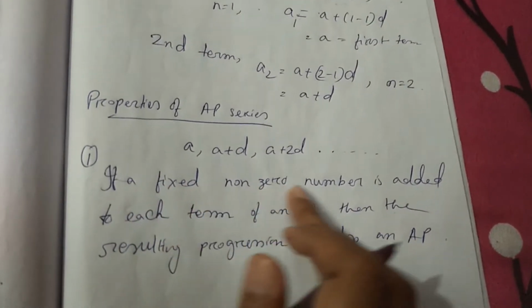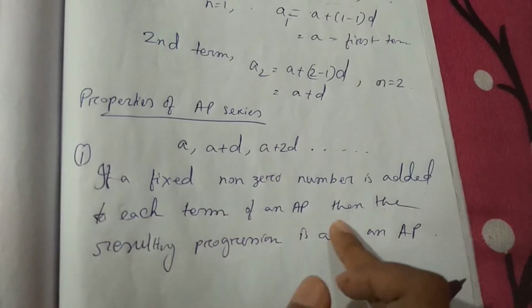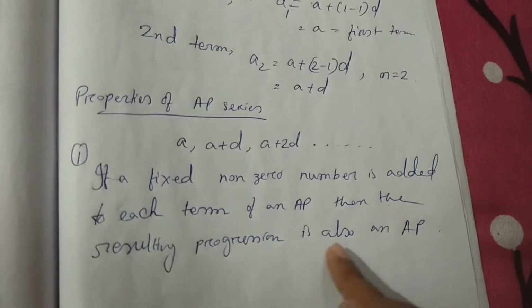Means if a fixed non-zero number is added to each term of an AP, then the resulting progression is also an AP.